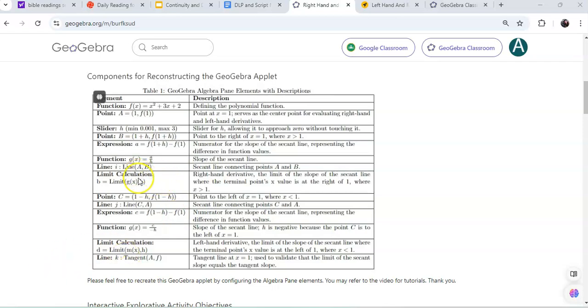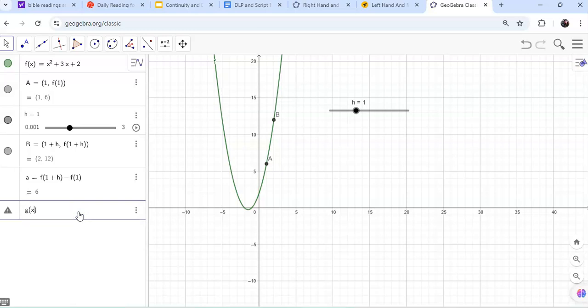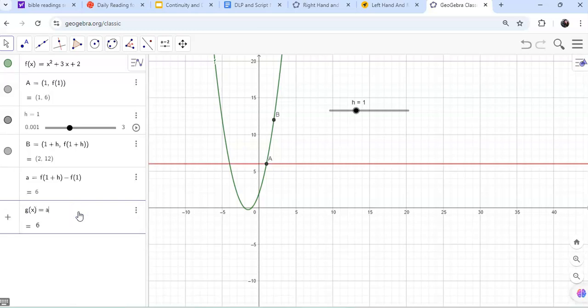Next, we type the function g(x) = a / h. This is the slope function of the secant line.